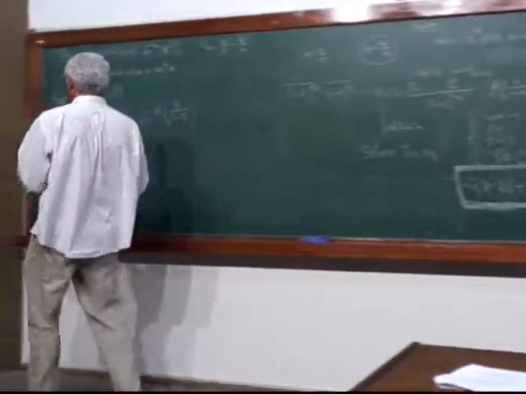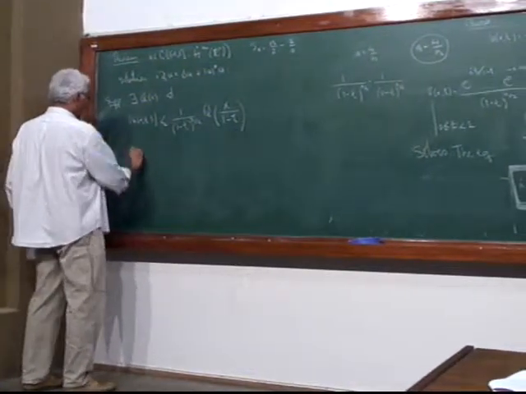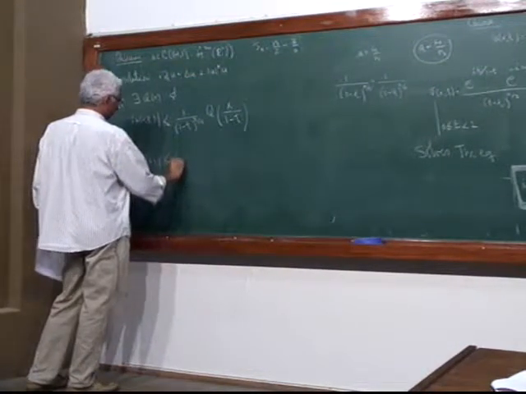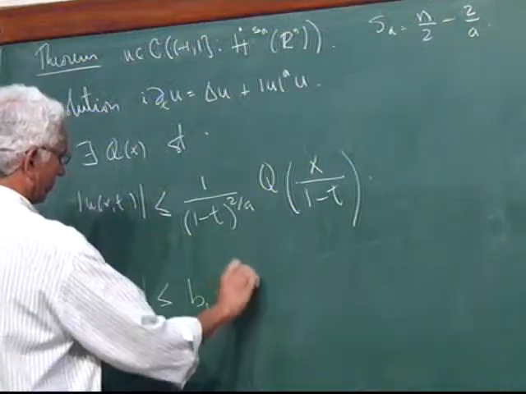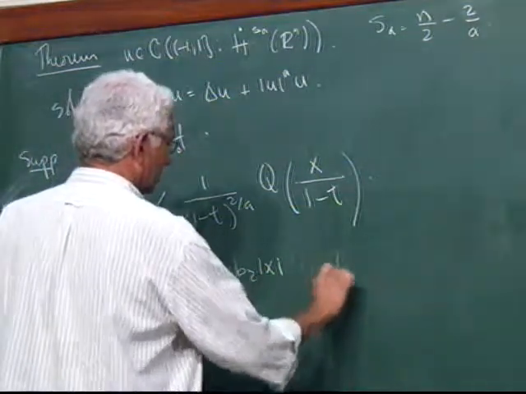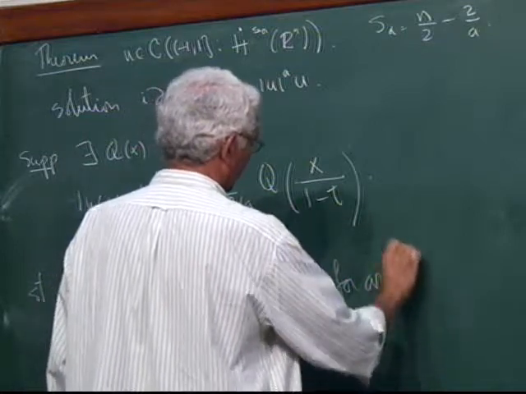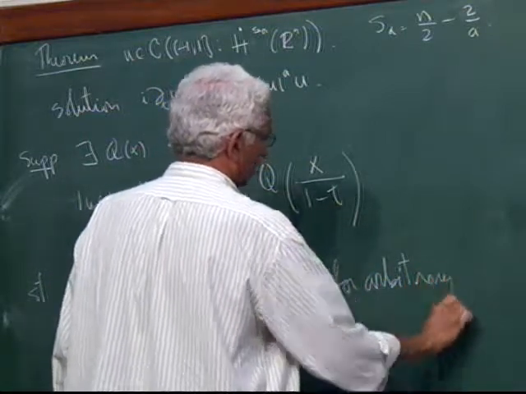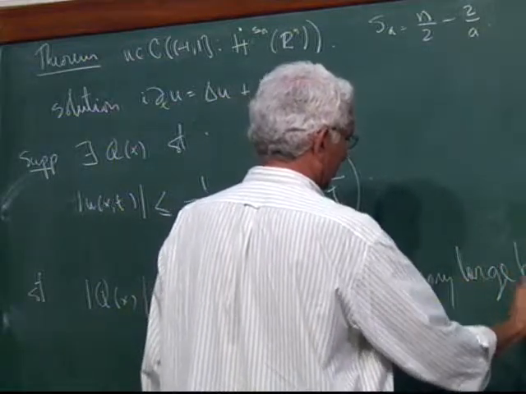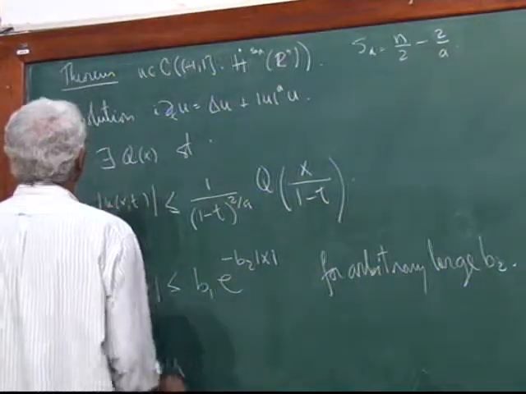Suppose that you have Q such that Q satisfies this, then u is 0.